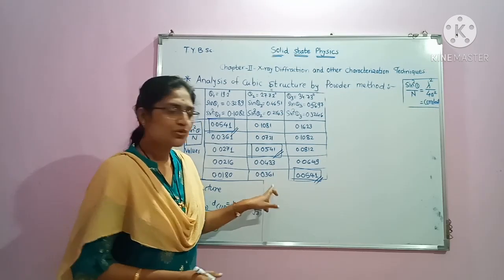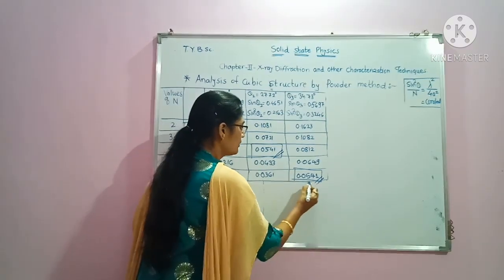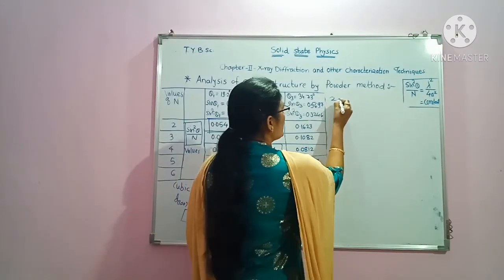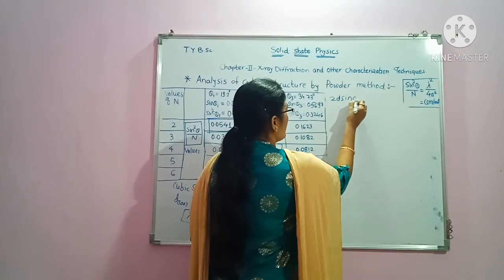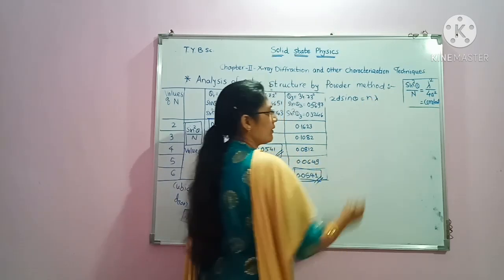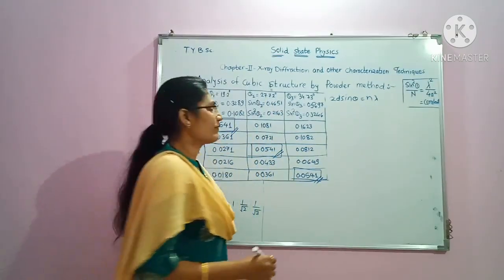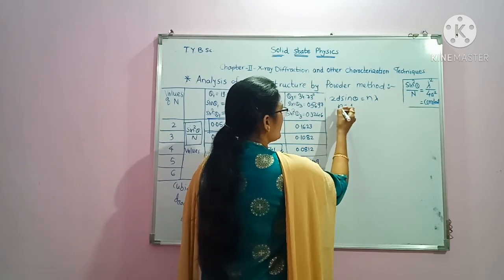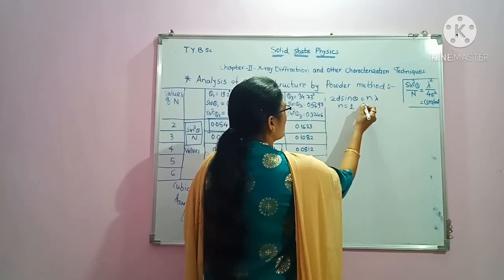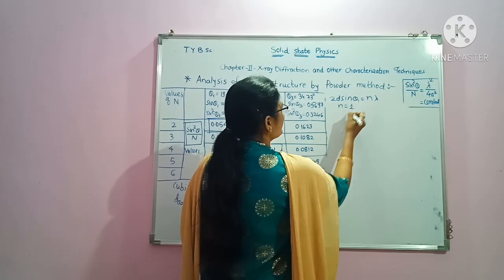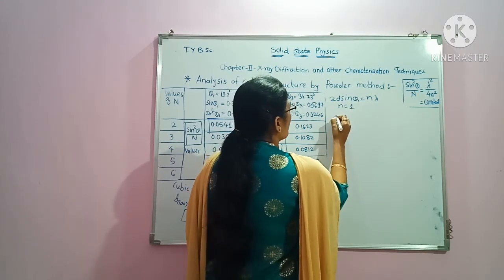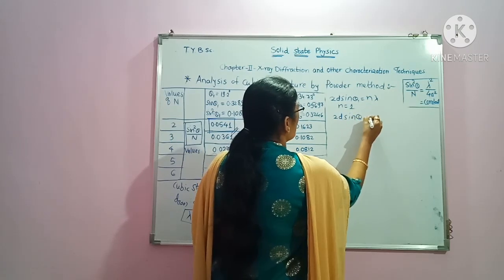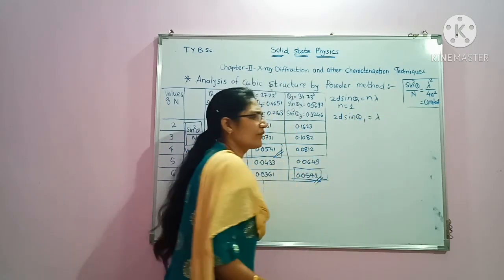Now for first order Bragg reflection, we know that Bragg's law is given as 2d sine theta is equal to n lambda. For first order Bragg reflection, the n value will become 1. So here, 2d sine theta 1 is equal to lambda.